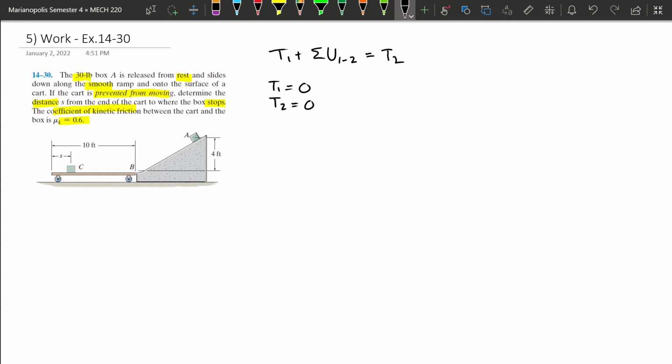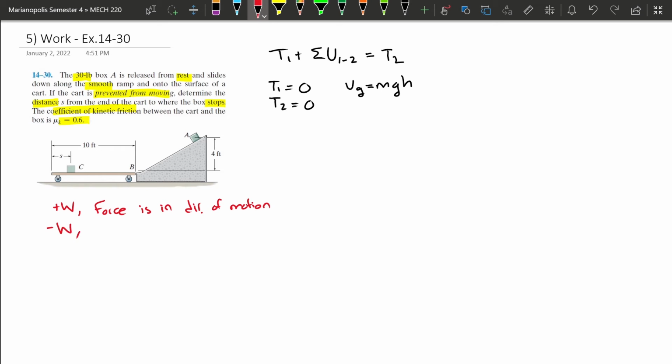We know that there's going to be work due to gravity. The work due to gravity is going to be mgh. So we have to keep in mind that positive work is when the force is in the direction of motion, right?